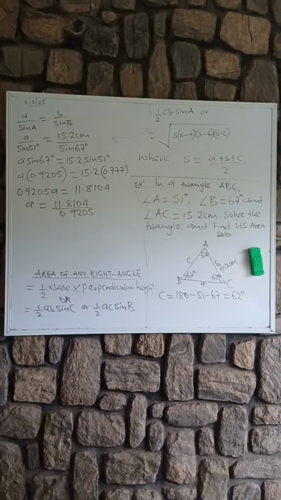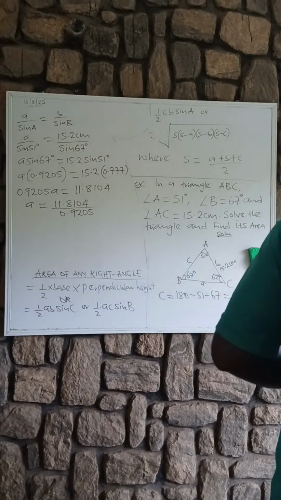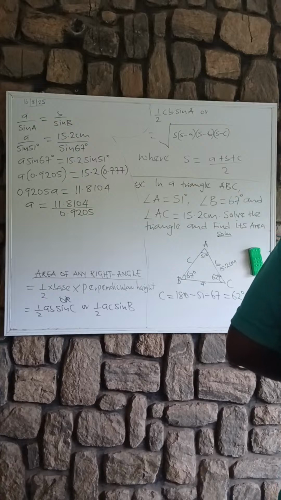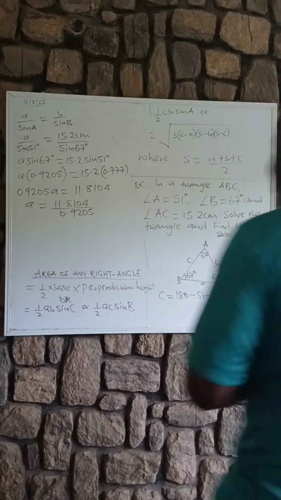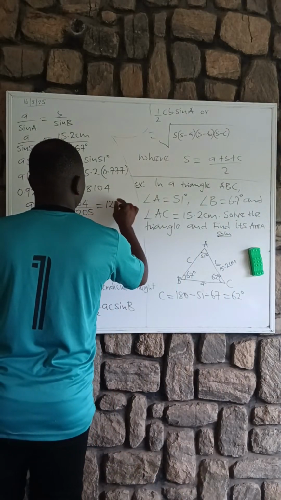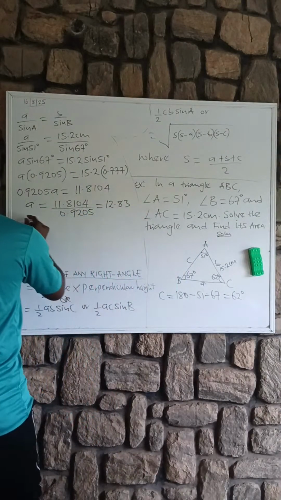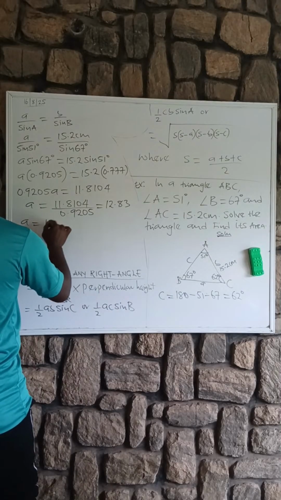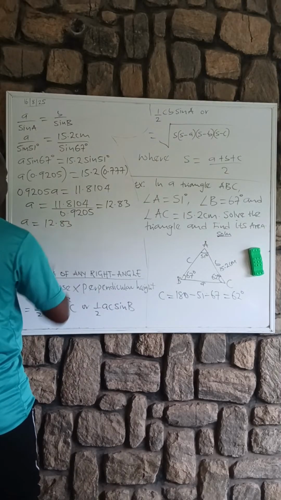What is the answer? 12.83. It means our A is equal to 12.83.